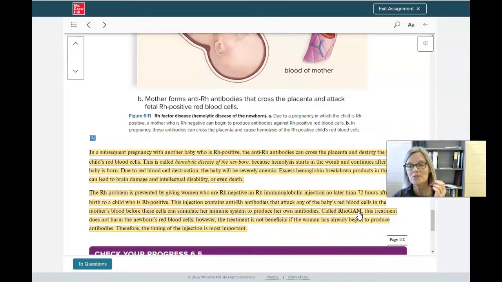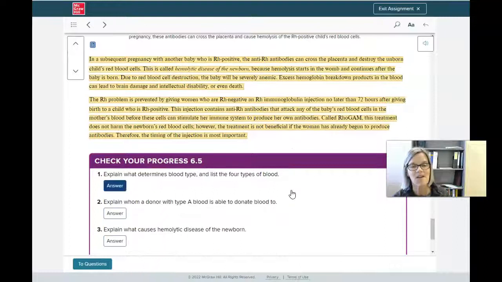It's a molecule that's going to prevent the mom from making those anti-Rh antibodies. So if the mom doesn't make anti-Rh antibodies, they're not going to have antibodies that can affect the next baby. So it's a way to prevent hemolytic disease of the newborn. It only happens in Rh negative moms and Rh positive babies.